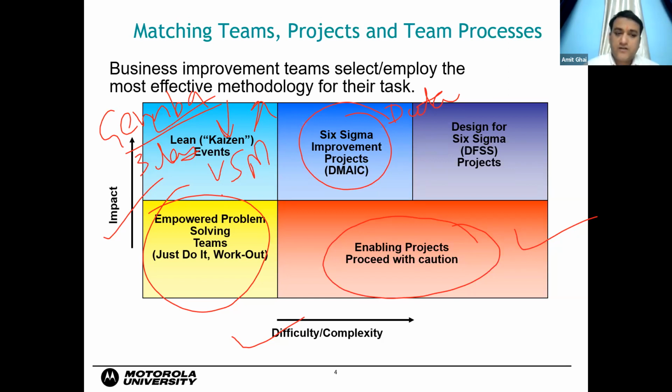Then comes another one, where difficulty is very high and impact is also very high. These are DFSS Six Sigma projects. So DFSS projects are where you do new product introduction, NPI, or new process introduction, where you want to develop a new process and ensure that in the process or the product that you are trying to create, the quality is of Six Sigma level.